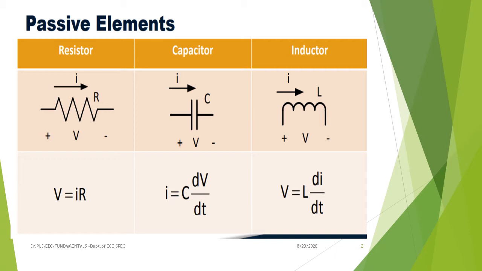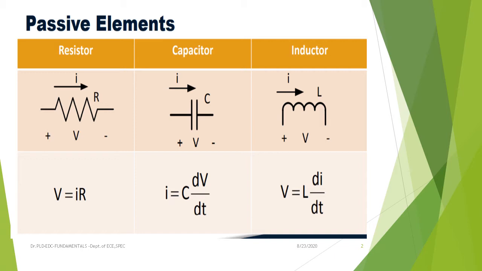In the last videos we covered the property of a resistor, the property of a capacitor and the property of an inductor. According to these properties, here we have defined the input voltage and current relationships of these passive components. The current flowing through the capacitor is I equals C dV by dt, and as a student you may have a doubt: what is the voltage drop across a capacitor?